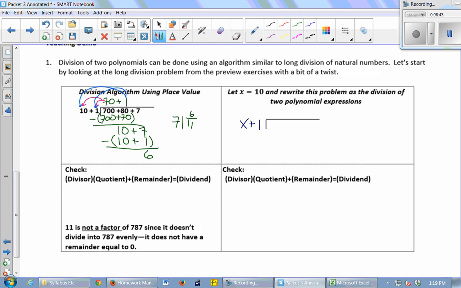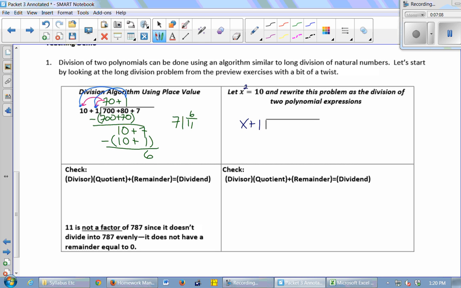Close. You're almost there. 100 is how many tens? Okay, that's true. 700 is 70 tens.